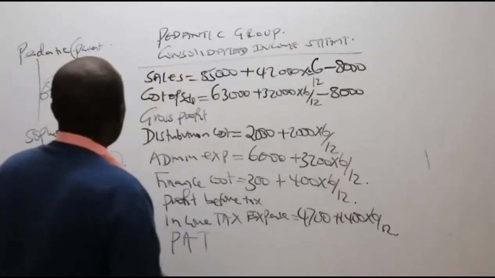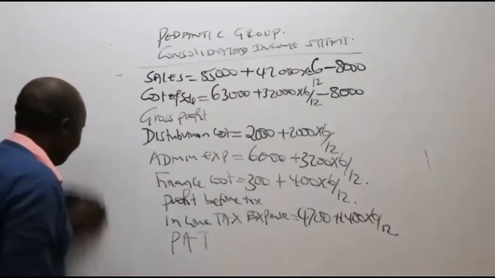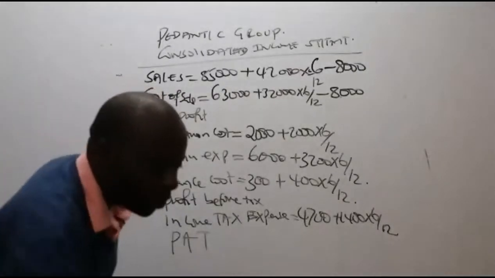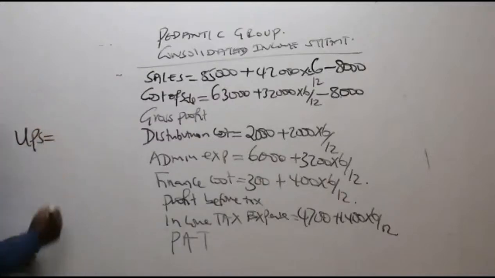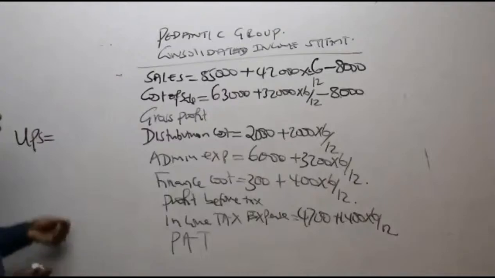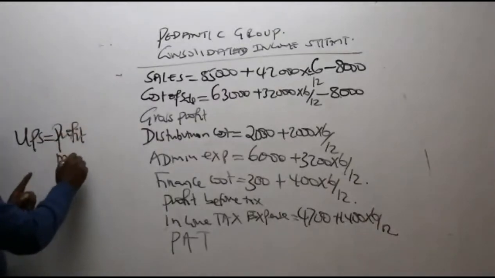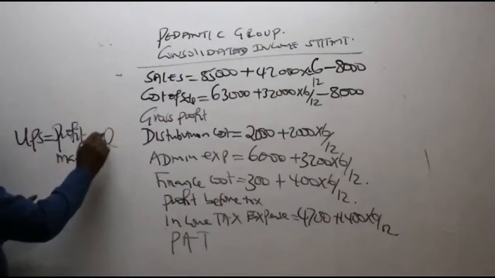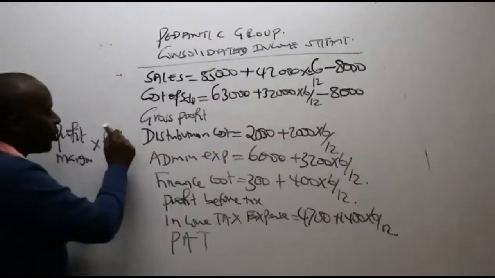UPS in this case here stands for what here? Somebody. Unrealized profit on stock. So UPS is unrealized profit on stock. How do I get UPS? We normally take the profit margin always. Profit margin times the remaining intra-sales.